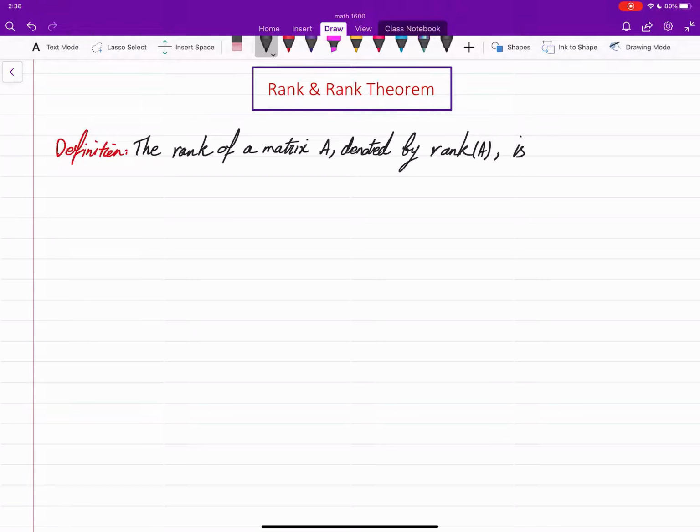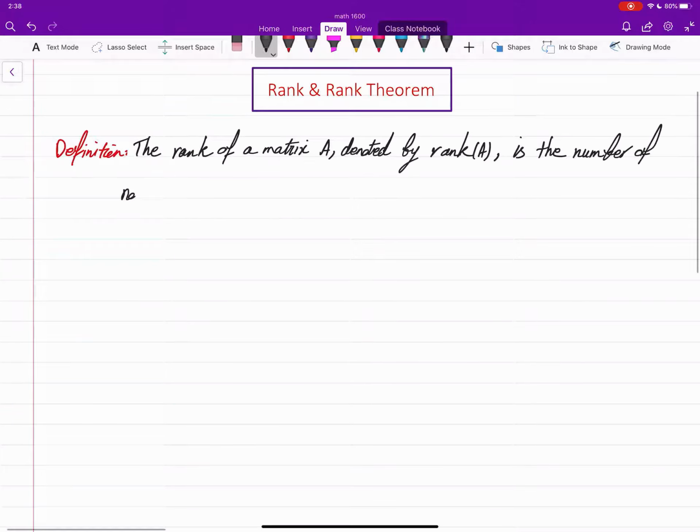Well, it is the number of non-zero rows in not A itself, but its row echelon form.